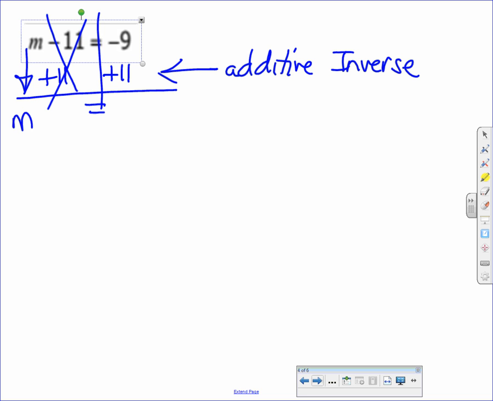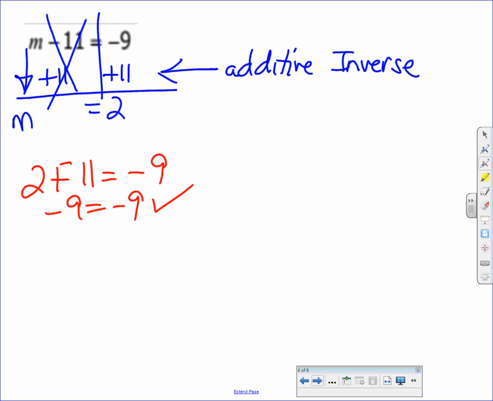Bring down your equal sign. Negative 9 plus 11 gives me positive 2, or just 2. And if I check my answer, 2 minus 11 should be negative 9. Negative 9 equals negative 9. So my answer will work. I want you to pause the video and try the two problems that are below you and get them checked.